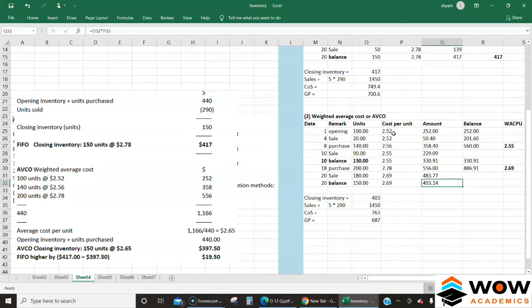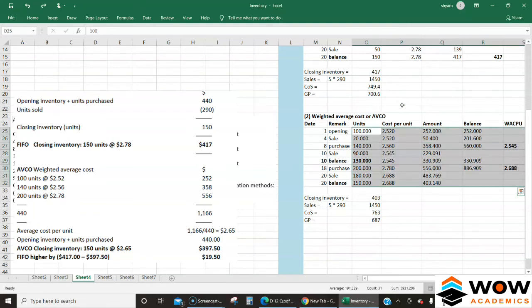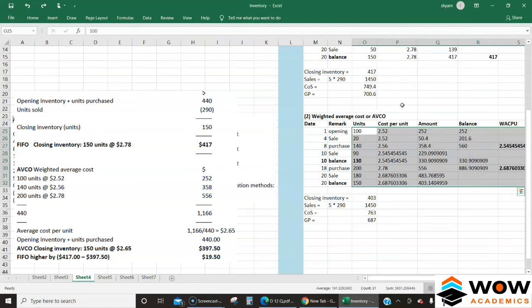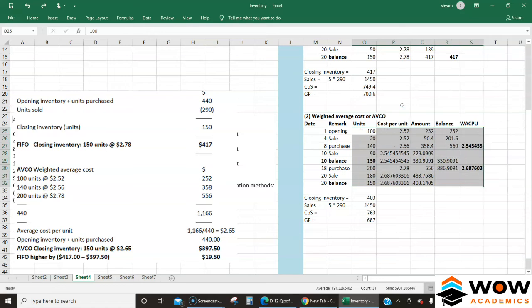Okay, but calculation wise, I think it would not round it off. It's just showing us rounded. I don't think it will round off. So the answer, his answer comes to, the closing value of inventory is 150 units at 2.65. We got 2.68. So let's round off here.